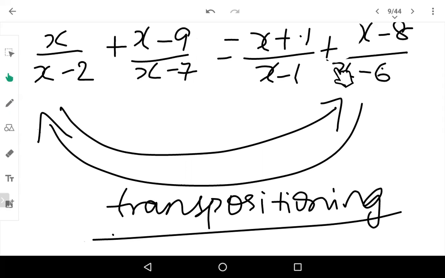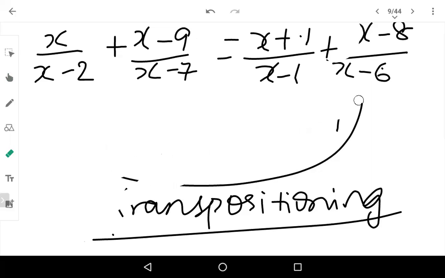And here you have x plus 1 divided by x minus 1. So we are going to take this x plus 1 and x minus 1 to the left hand side. Did you all understand? I'm just exchanging the second expression here with the first expression of LHS.